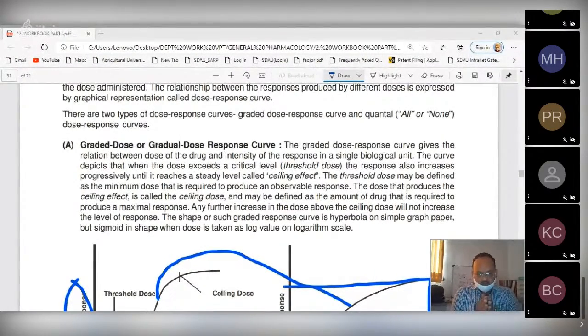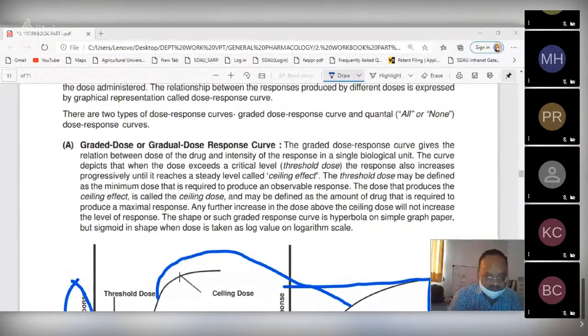Now, the different components of the dose response curve. The curve depicts that when the dose exceeds a critical level, the threshold dose, the response also increases. That means when the dose exceeds the minimum critical level, that is known as threshold dose. Already I have explained it on the paper. The response also increases progressively until it reaches a steady level called the ceiling effect.